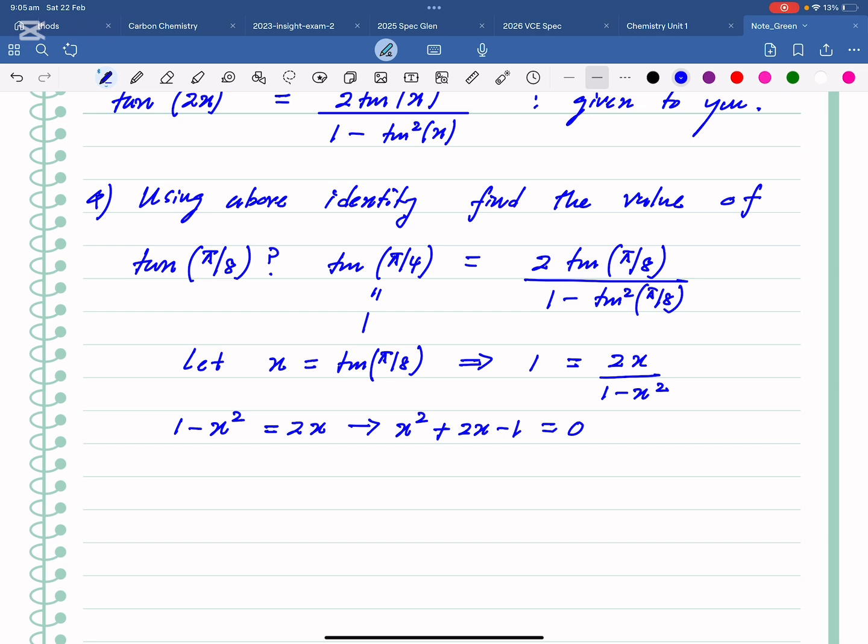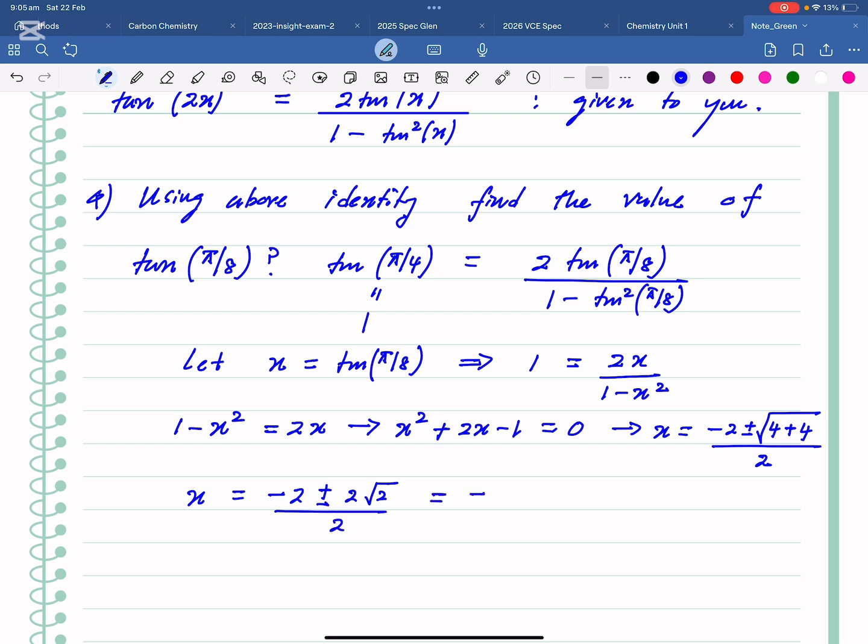Okay. It's quadratic now, so now solve the quadratic. It's going to be minus b plus or minus square root of b squared minus 4ac, all divided by 2a. So x is equal to, now simplify this a little bit, plus or minus, it's going to be 8. 8 means 4 times 2, so it's going to be 2 square root 2 divided by 2.